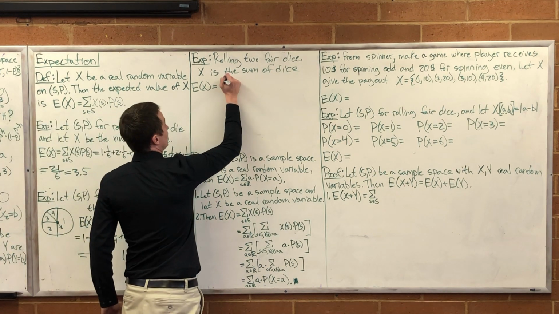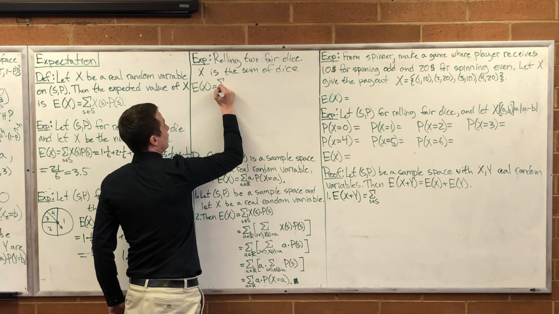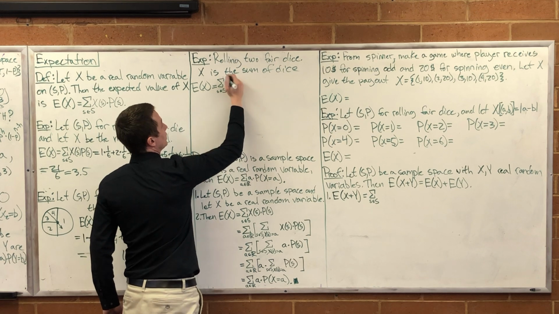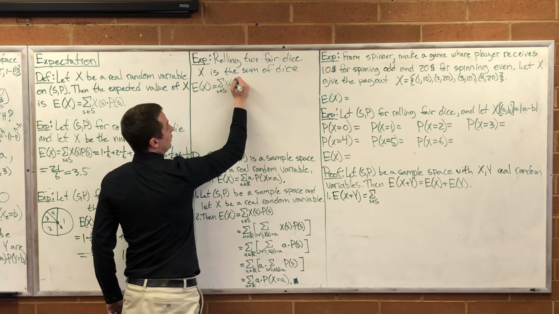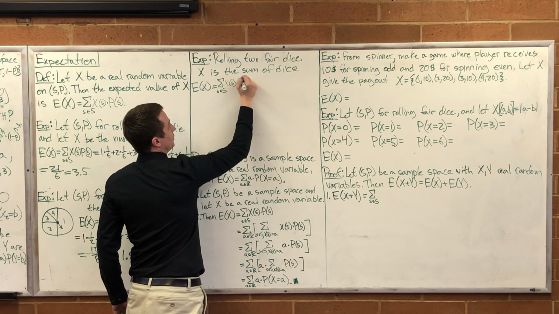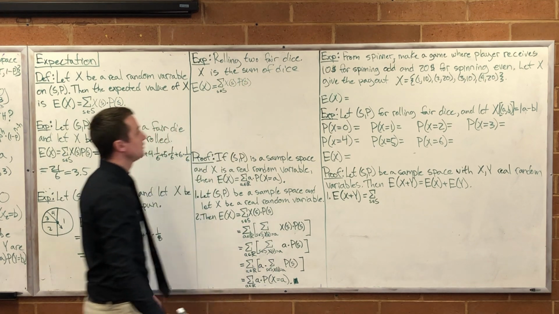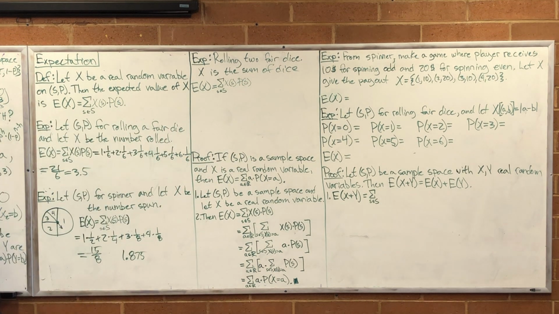Yep, so we've got to sum up for all little s in big S of X of that s times the probability of that s. How many terms am I going to have when I write this thing out? 36 terms.